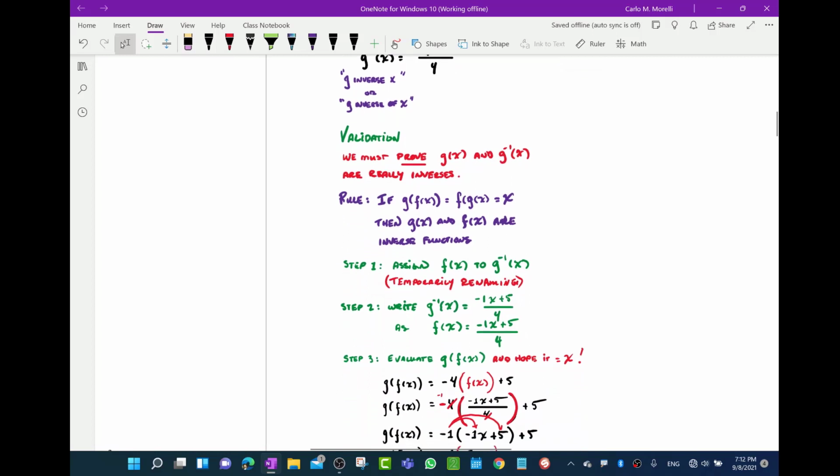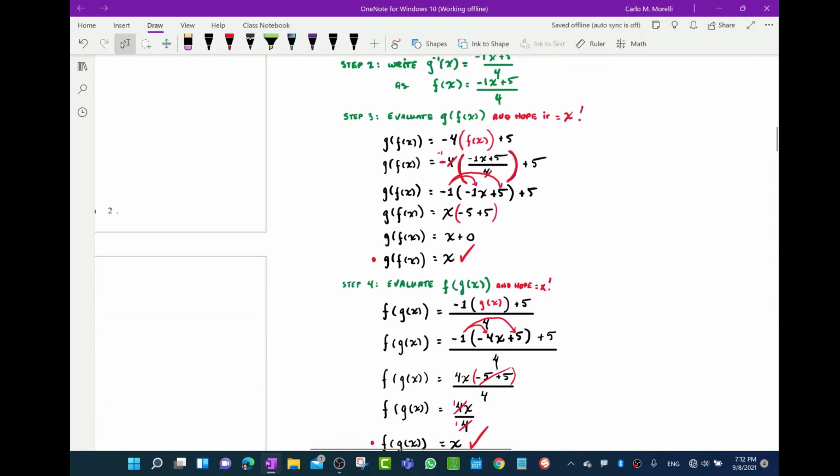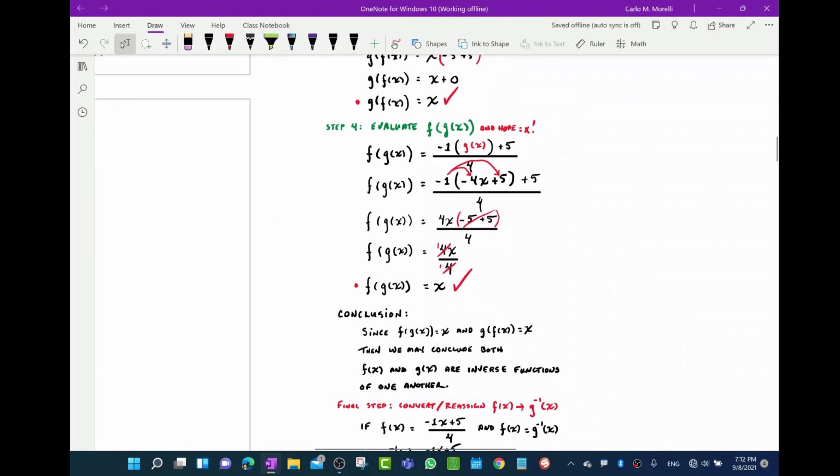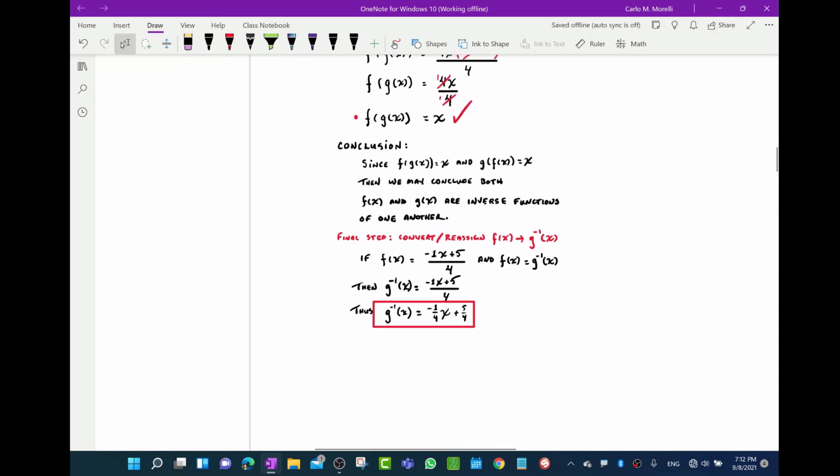Please strive for neatness like this. Okay? And there's a reason for it.